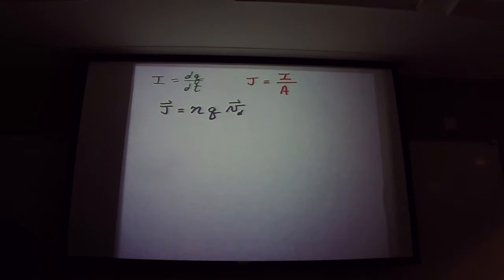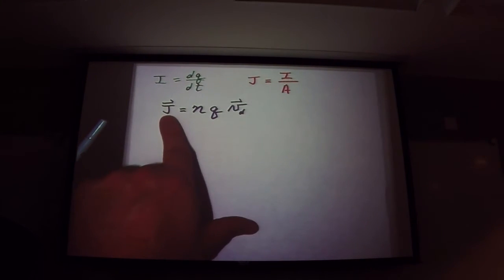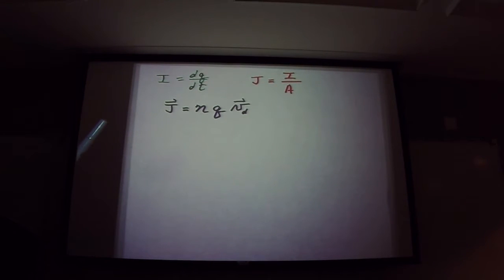So what we do is we start out by saying, there's a property in all of this stuff that determines how much or how little current there will be compared to the electric field that you try to put in.